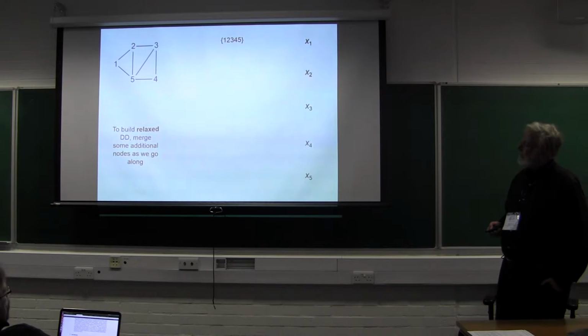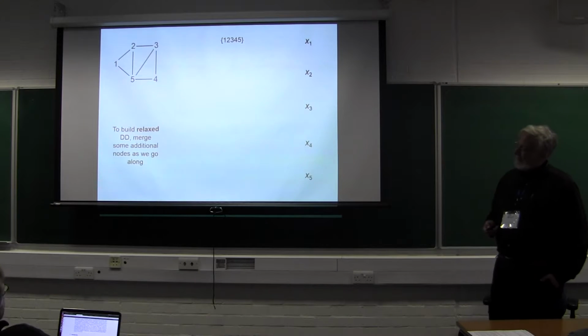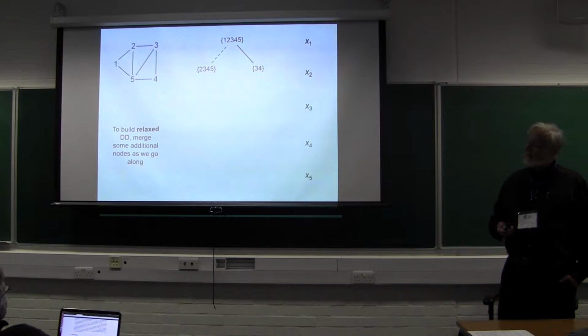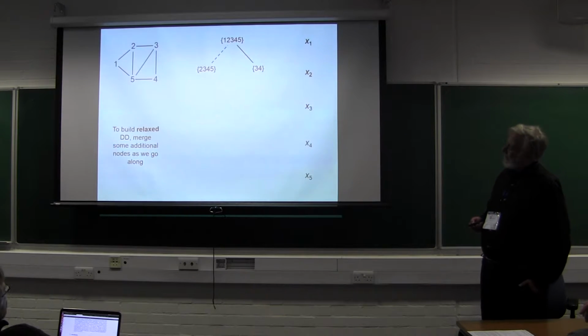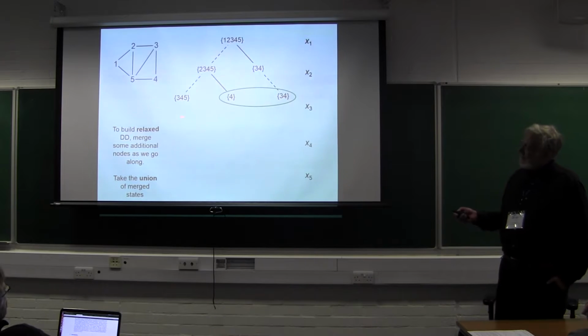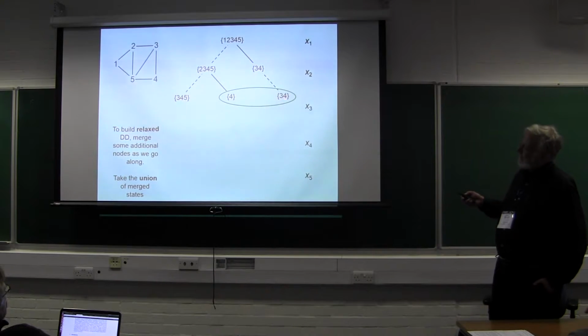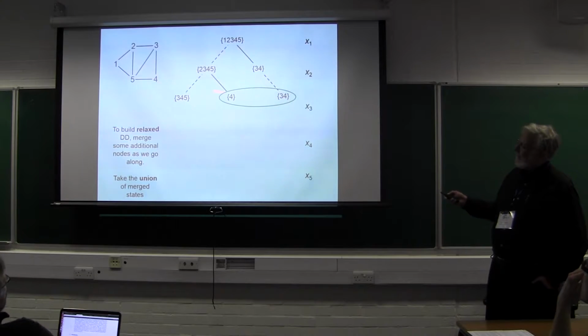So I'll show you how to build a relaxed diagram for this problem, same problem I showed you earlier. So we're going to start out, as I did before, using the state descriptions, the top-down compilation. Now, the decision diagram is getting too big. It's too wide. I'm going to refer to the width of the diagram as the number of nodes in a layer. This is too wide, it's too big.